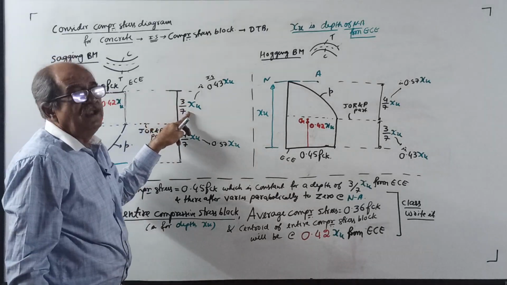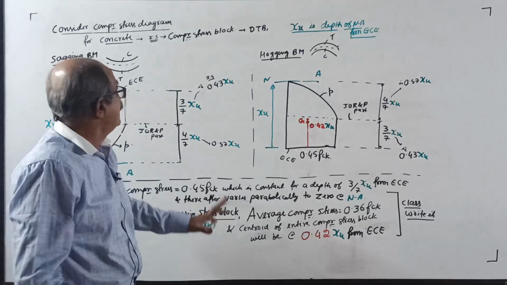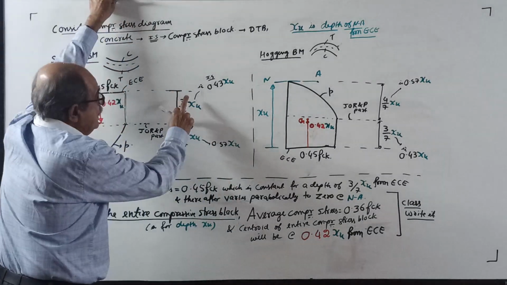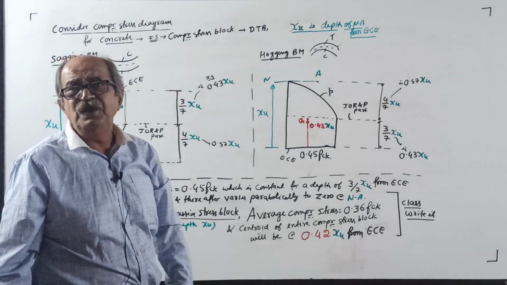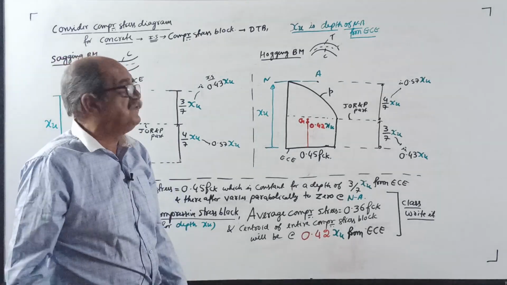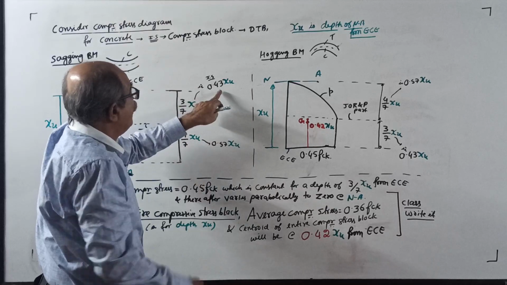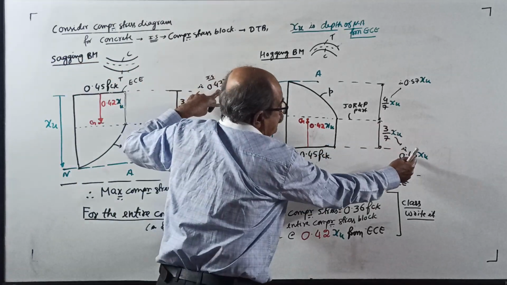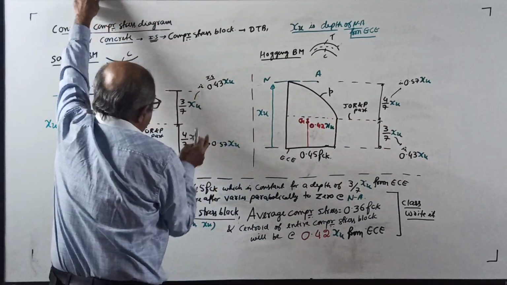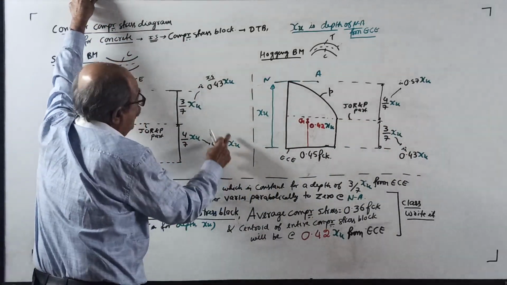How this 3/7 we proved in the class. Technically it is 3/7 xu, but in IS code, in so many places they use second decimal accuracy, 3/7 will become 0.43. Same way here, 3/7 is 0.43 xu. If that is 0.43, this 4/7 becomes 0.57 of xu.